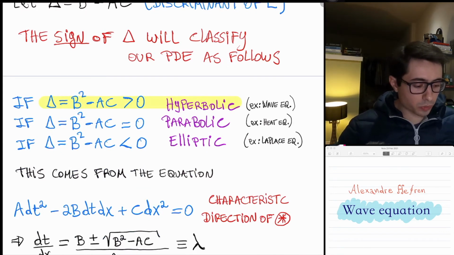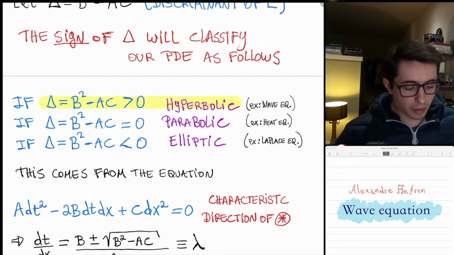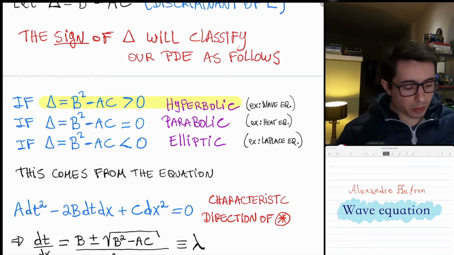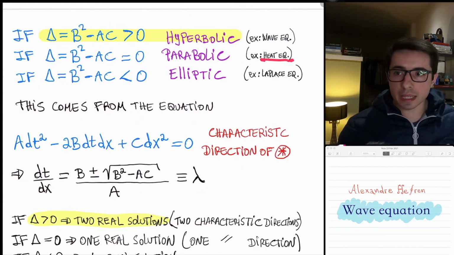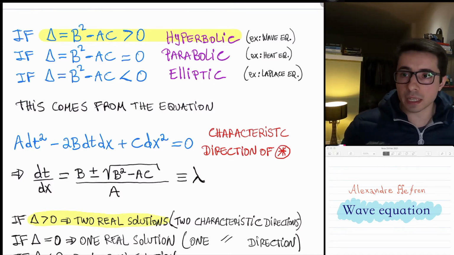And a model for hyperbolic is the wave equation, which is what we are talking about right now. If this delta instead is 0, then we have a parabolic differential equation, and the model for that is the heat equation. If the delta is less than 0, in that case we have an elliptic differential equation, and a model for that is the Laplace equation.